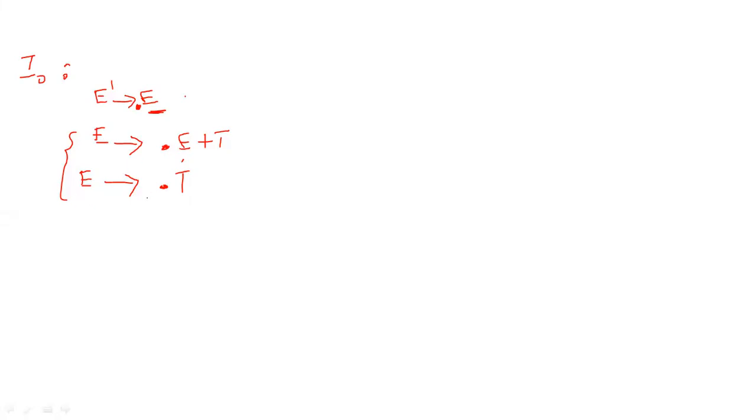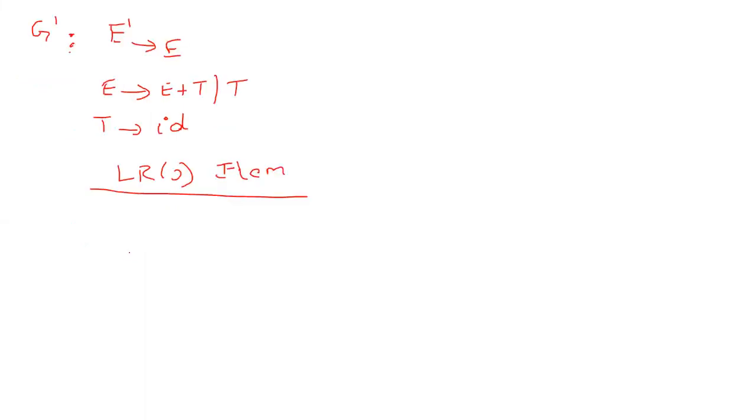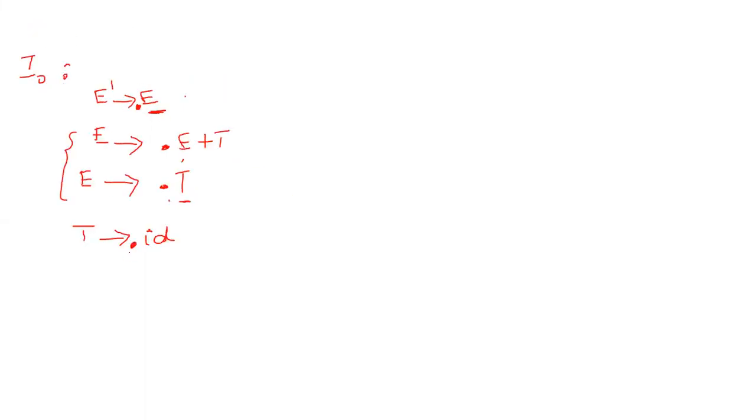And see the next production, E implies dot T. The immediate right symbol to the dot is capital T. This is also a non-terminal, so you need to add the production for it. For T, we have only one production, so T implies dot ID.